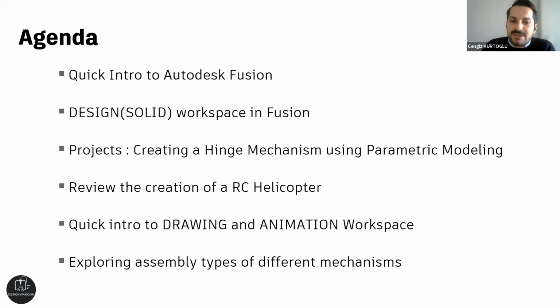We'll try to create a hinge mechanism using parametric modeling, and I'll show you some cool animation which is included with the RC helicopter in Fusion 360, and we will go directly into the drawing model in Fusion. After that, I'll try to explain some assembly types in Fusion.